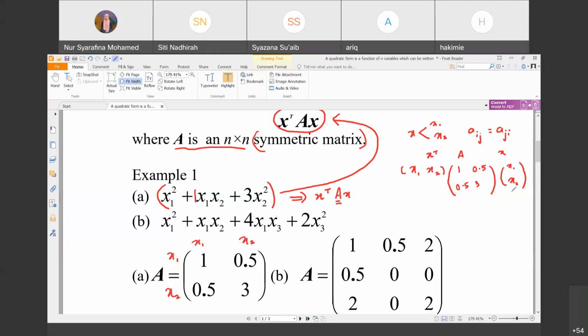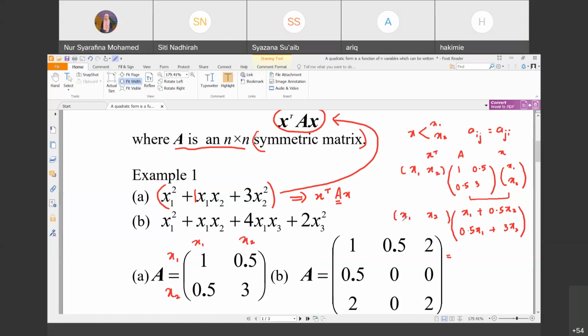How can you expand this? First, you multiply the last two matrices. Multiply here, you should get x1 plus 0.5 x2 and then 0.5 x1 plus 3 x2. Again, multiply with x1 and x2.